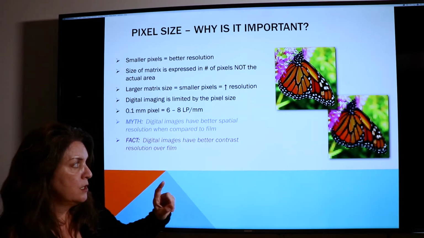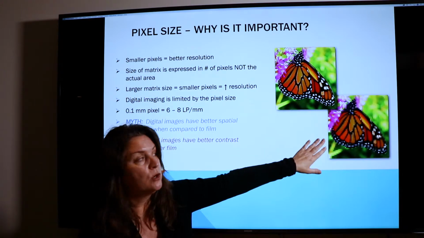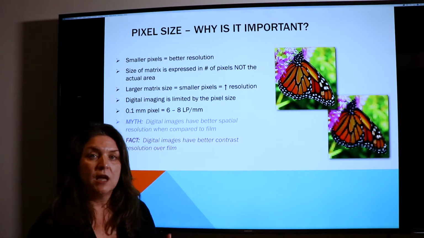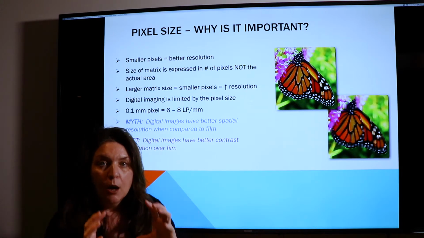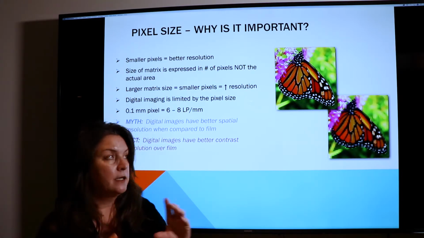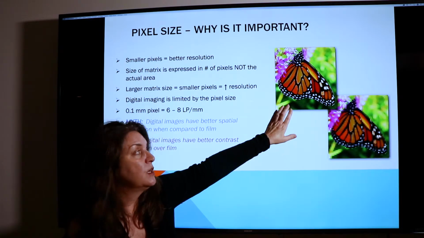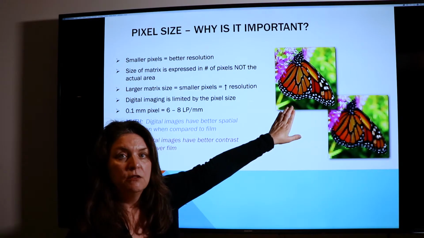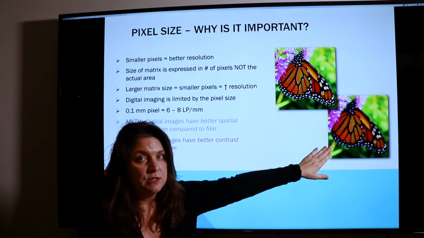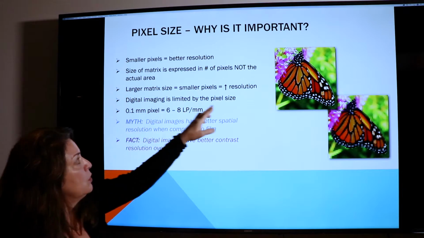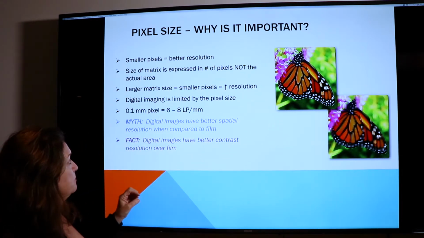What is important to note is that both of these appear to be the same size matrix, but what determines the size of the matrix is not the length and the width, but the number of pixels inside. So this is a larger matrix because it has more pixels that are smaller. This is a smaller matrix because it doesn't have as many pixels. Okay, so a larger matrix will give you smaller pixels and better resolution.